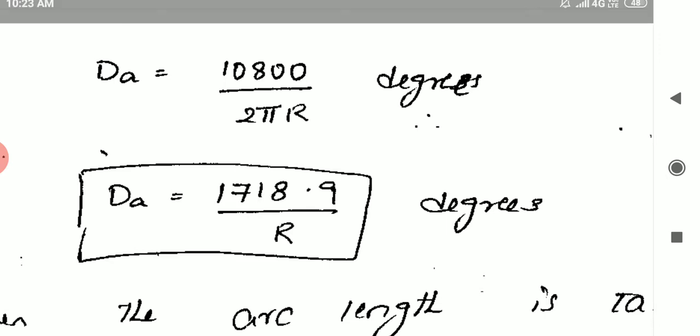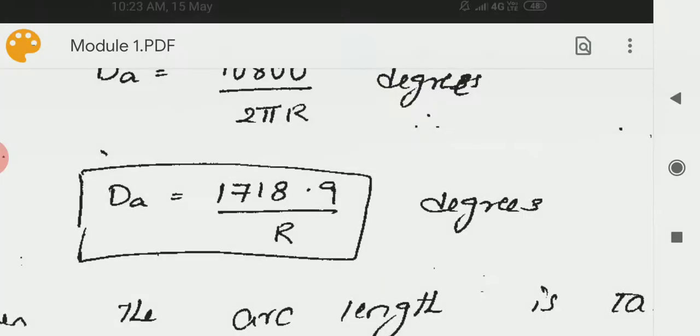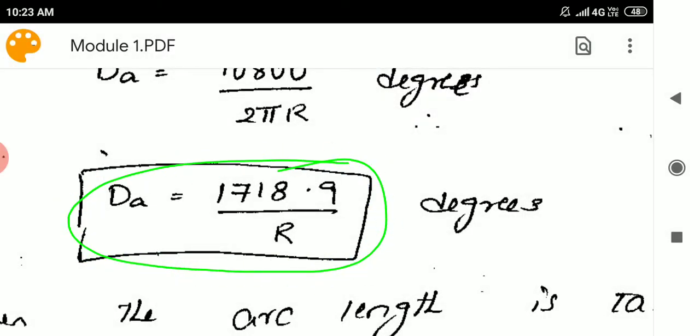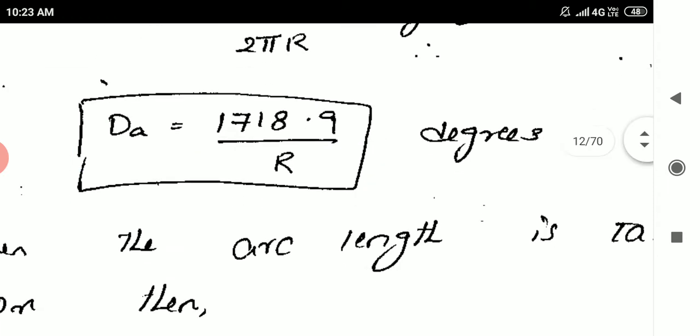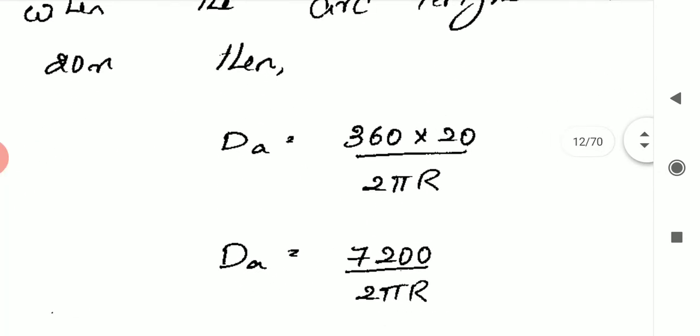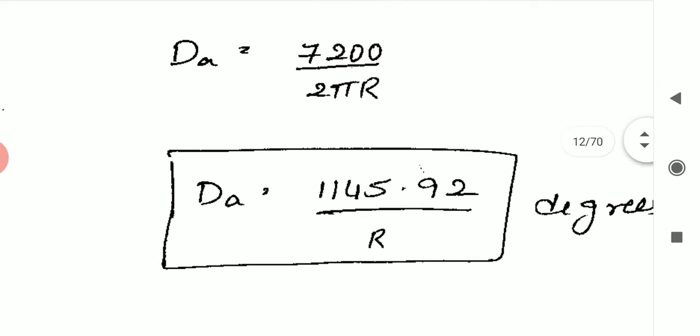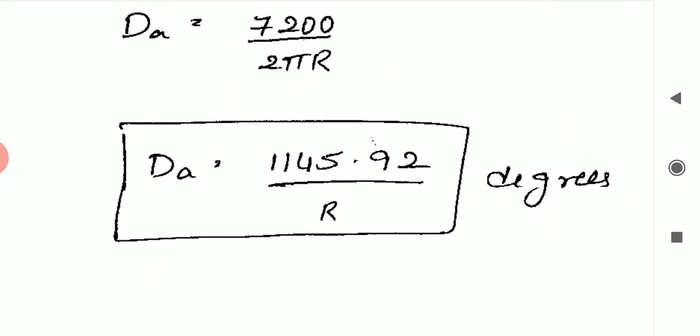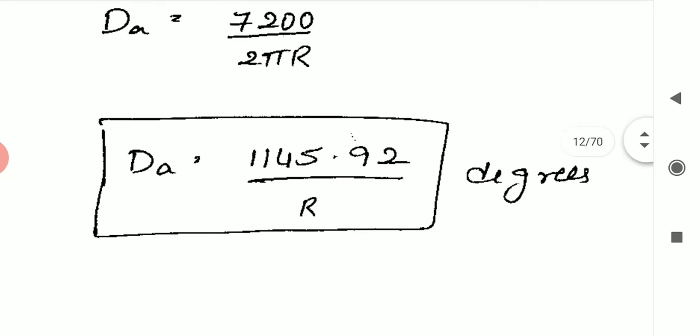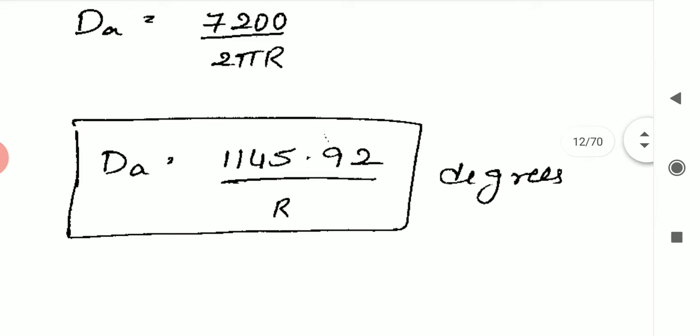So this formula is dA equals 1718.9 divided by r when S is 30 meter. Again we solve when S equals 20 meter, and we get dA equal to 1145.92 divided by r, in degrees.